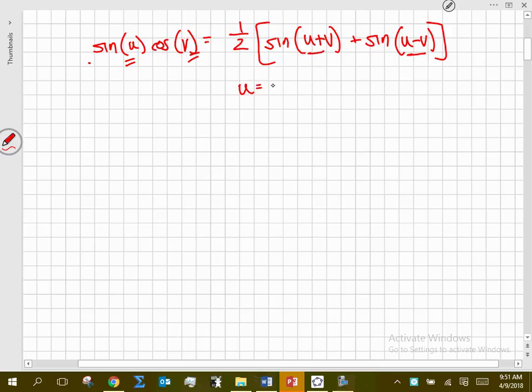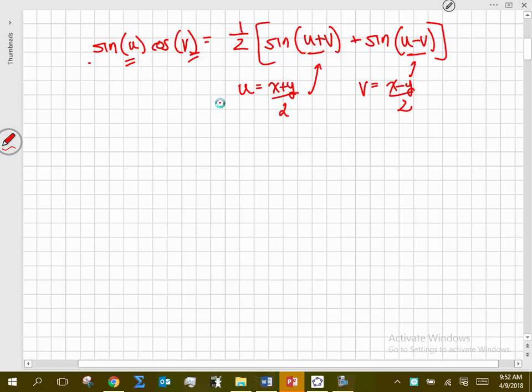We let u be x plus y over 2. And we let v equal x minus y over 2. And we'll make those substitutions and see what happens. Okay, and so we'll make those substitutions over here on the right.